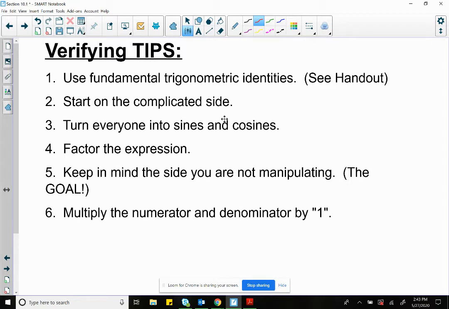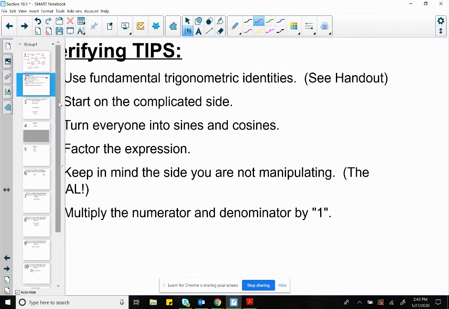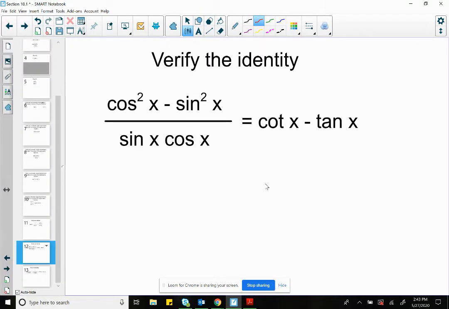Start with the most complicated side. Because it's easy to take something complicated and simplify things down to get to the side where it is very, very small. It's hard to take a small side and build it back out to something complicated. It is very, very hard to do that. So again, in that example that I keep jumping back and forth between, don't start with this side because it's tougher to take this side back to that one.